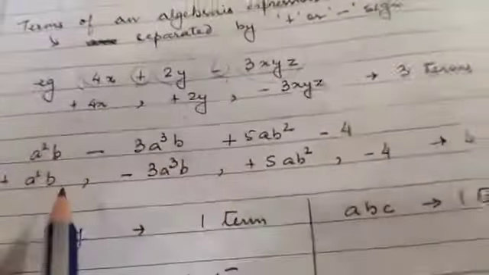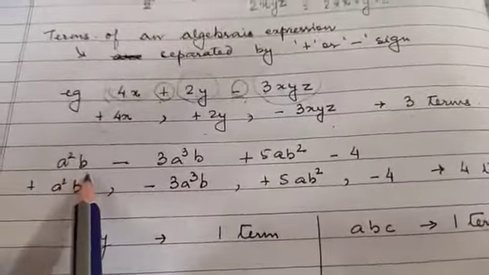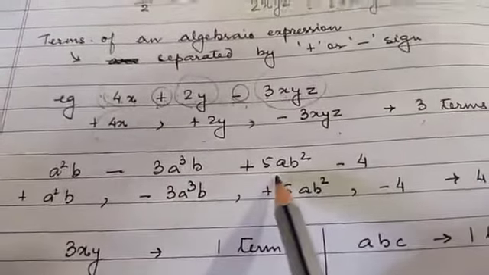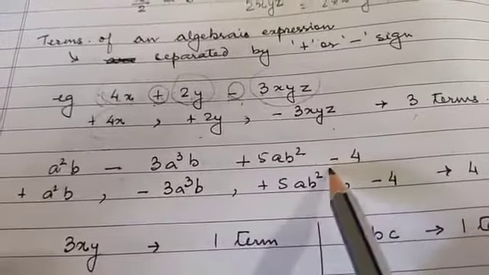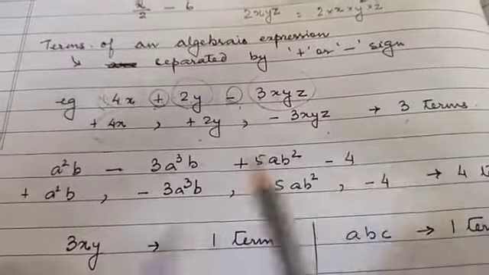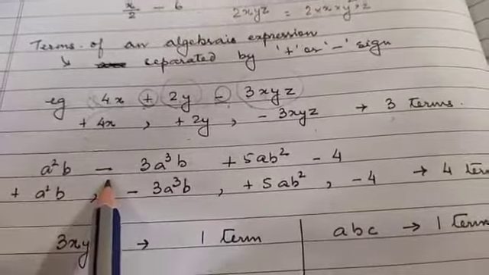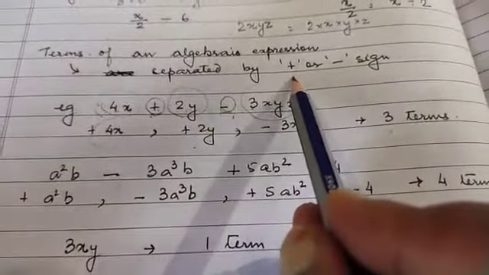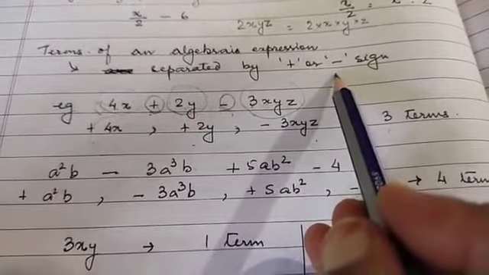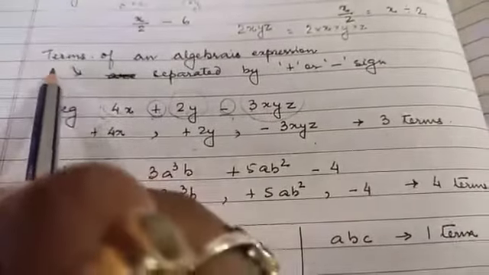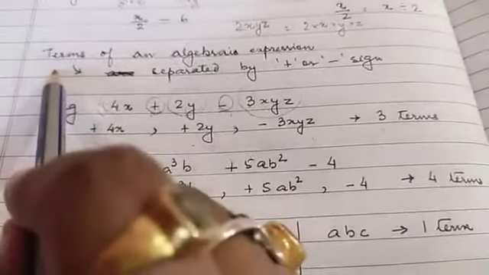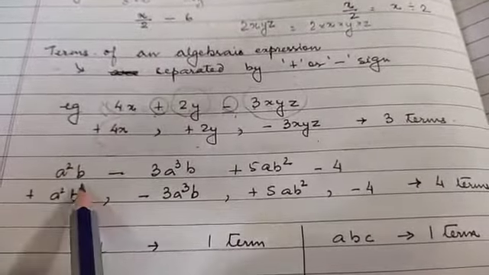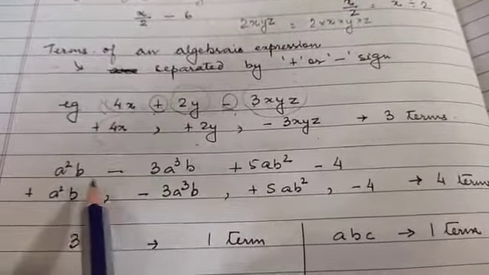Now come to this example. a square b minus 3a cube b plus 5ab square minus 4. Okay, so I told you that an algebraic expression that is separated by plus or minus sign, each part of it is known as a term.